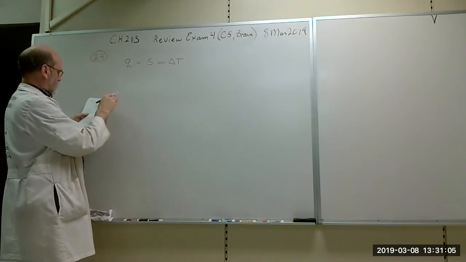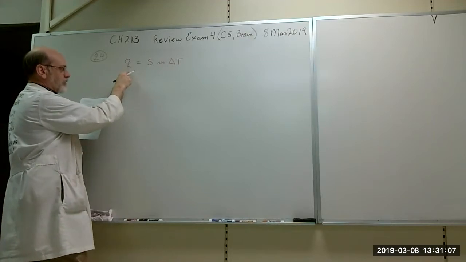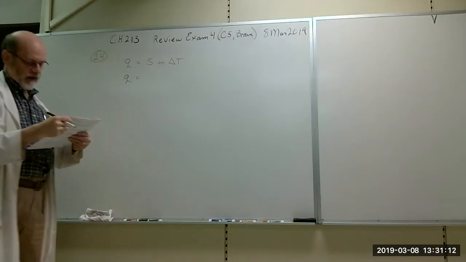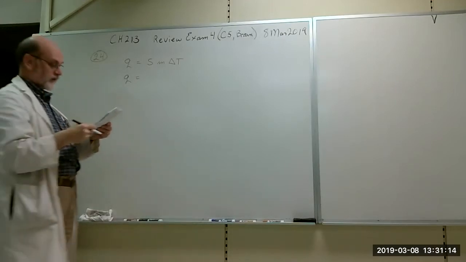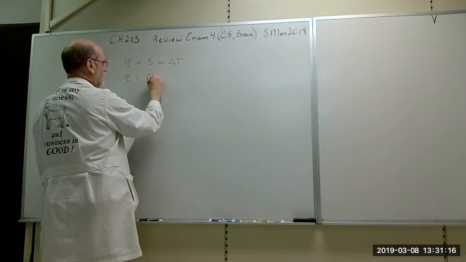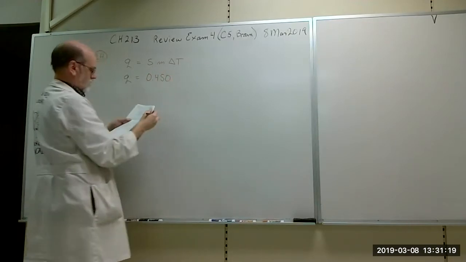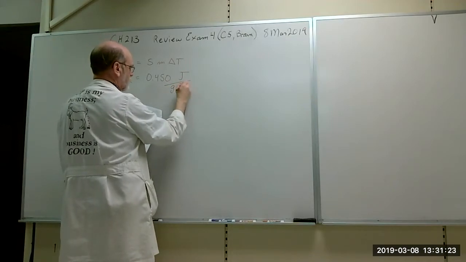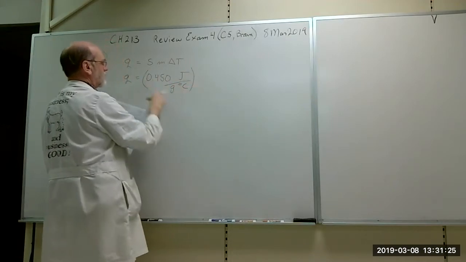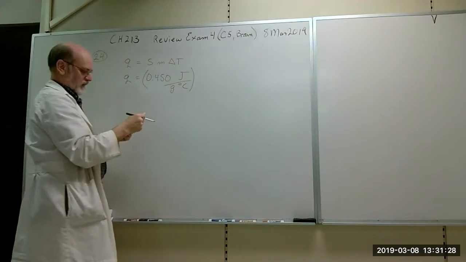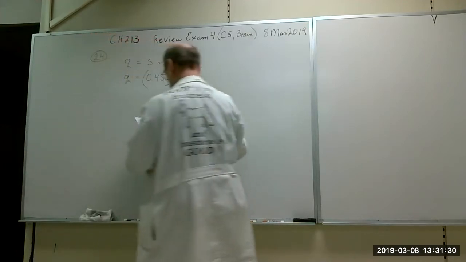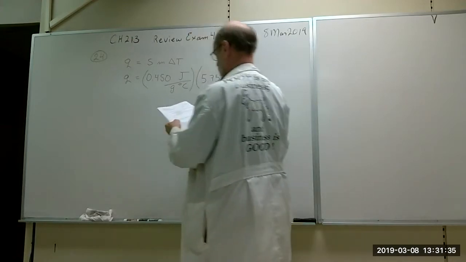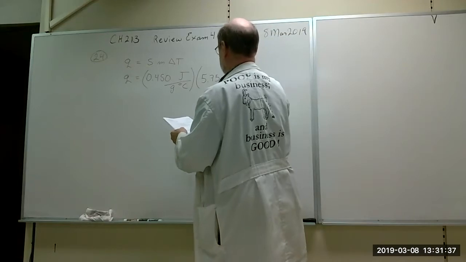So we're calculating Q, and we need to know the specific heat of iron, which is given to us: 0.45 joules per gram degree centigrade. That's S. And the mass is already in grams, that's good: 5.75 grams of iron.